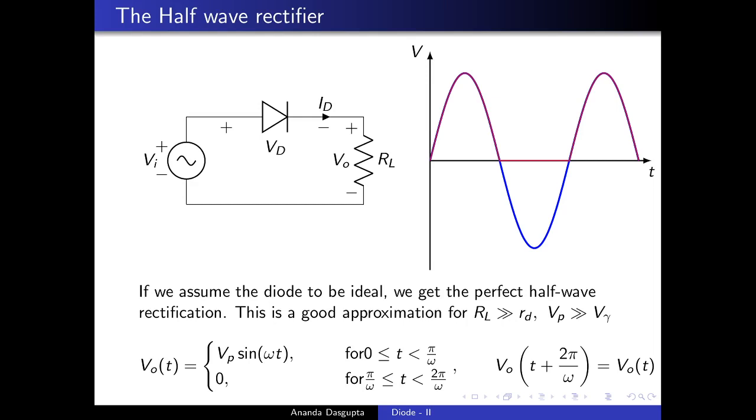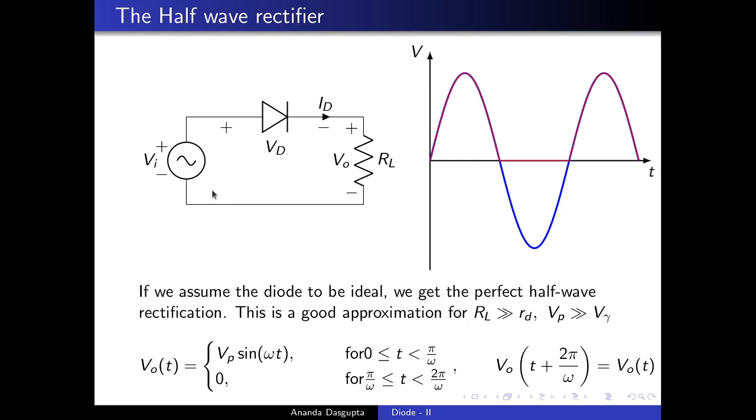But if your input voltage is much larger, then you can simply ignore V gamma. Also, you should be able to ignore the diode resistance, the forward diode resistance small rd, with respect to RL. Strictly speaking, what you should really be able to ignore is not only small rd, but small rd plus the other resistance in the circuit which you cannot see in the circuit diagram, which is the source's own resistance.